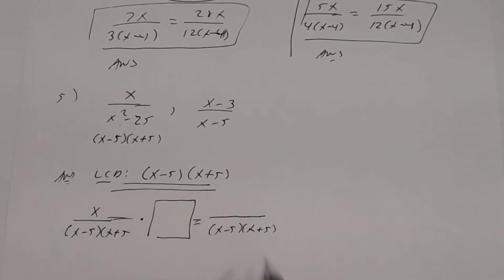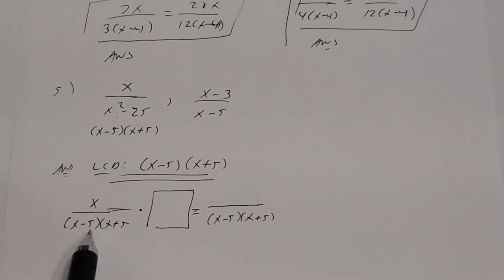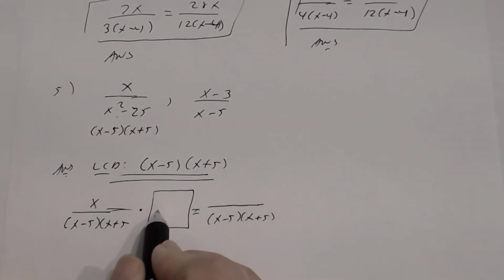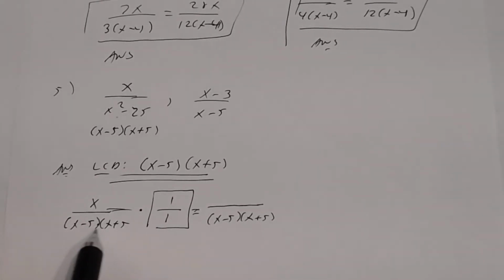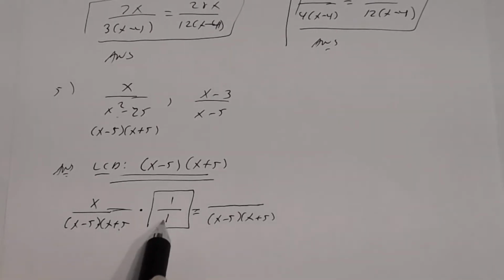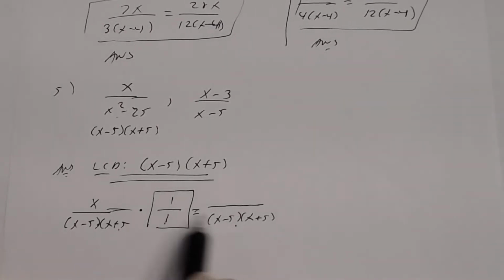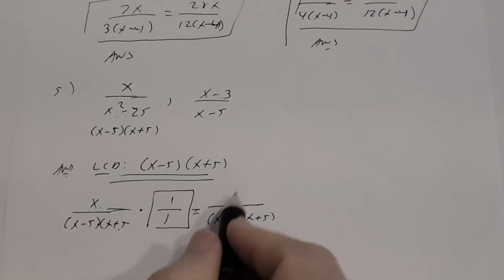I want you to notice that this right here is this, isn't it? Do you all agree? So basically what you're doing is multiplying both numerator and denominator by 1. Because x minus 5 times x plus 5 times 1 is this, and x times 1 is just x.